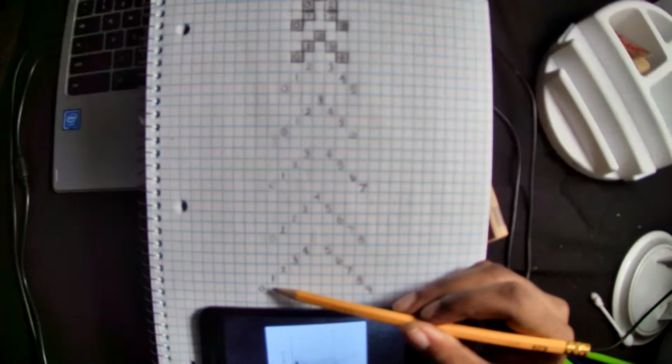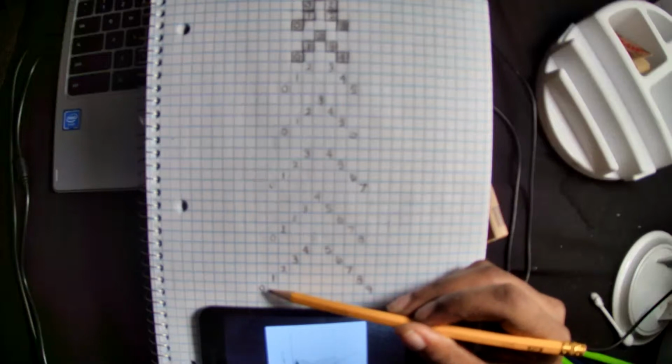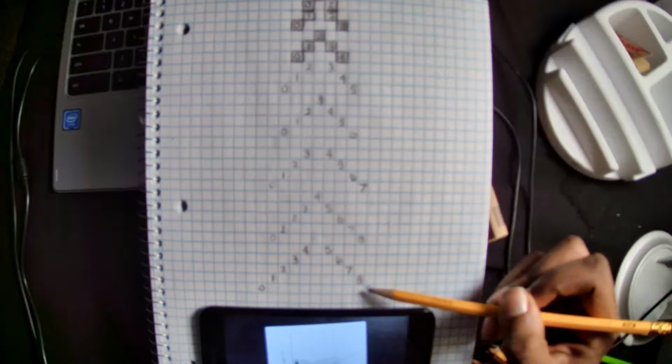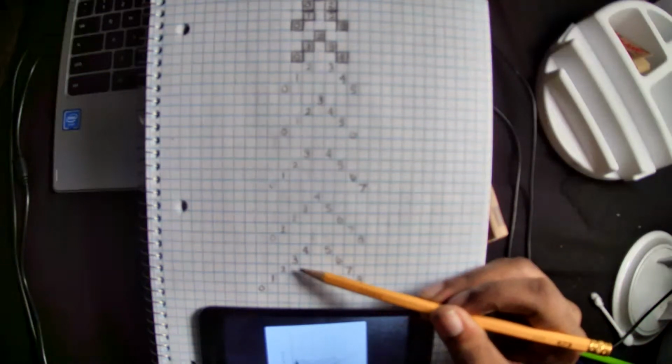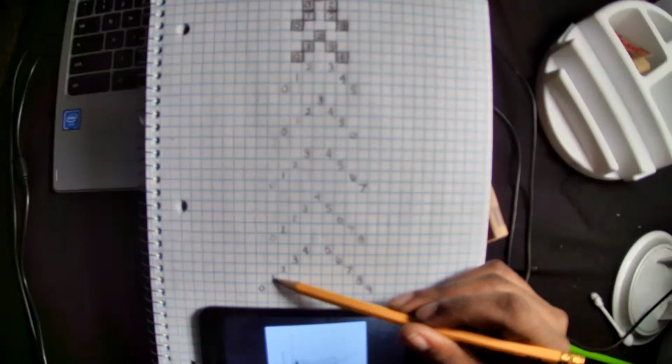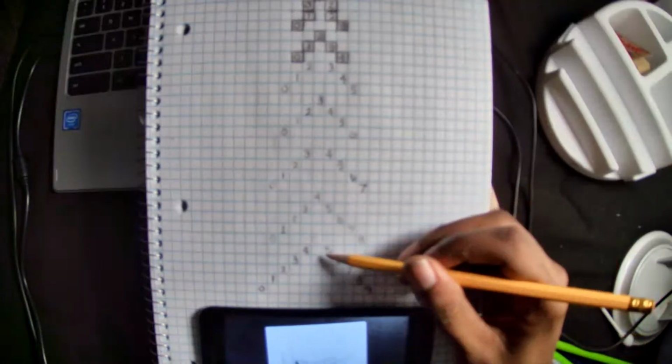We know this now. But 1 has 1 space. I mean, 0 has actually over here. Hold on. Right. Okay. That's what I was saying. Over here.